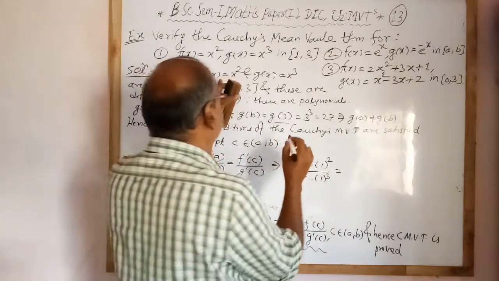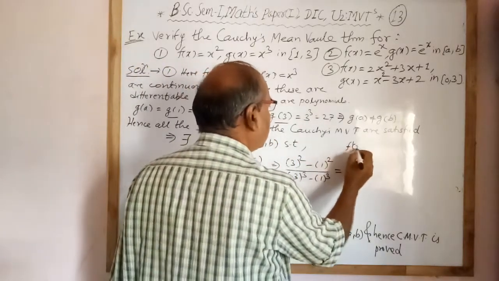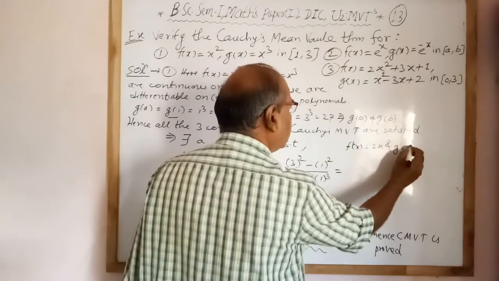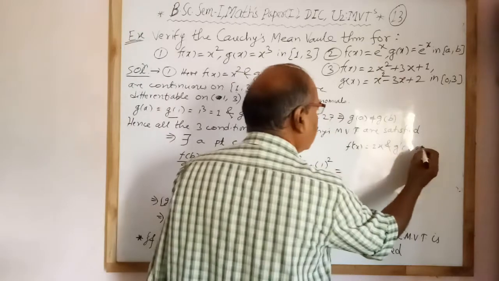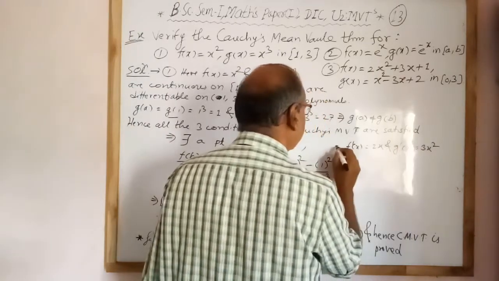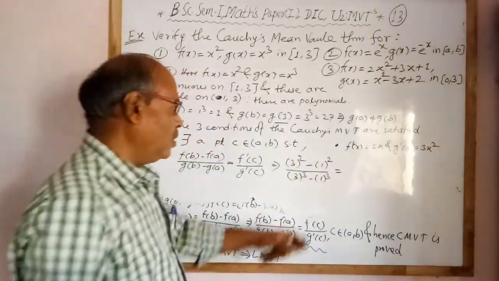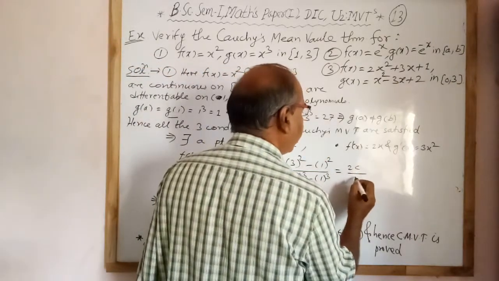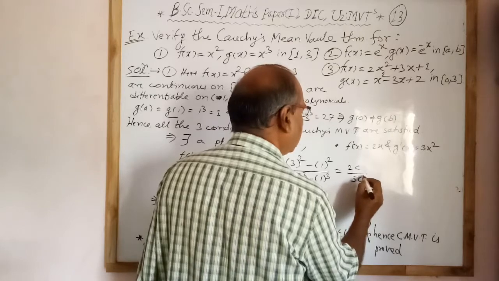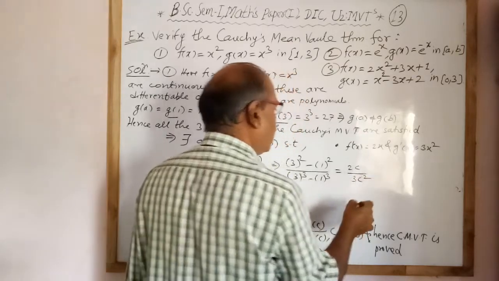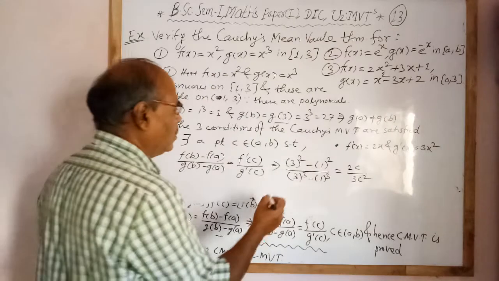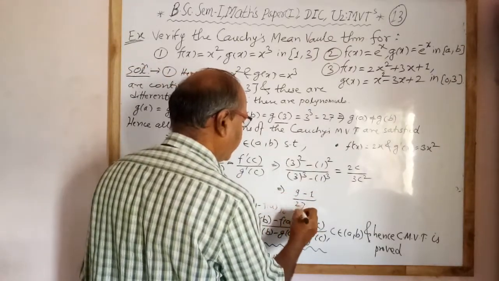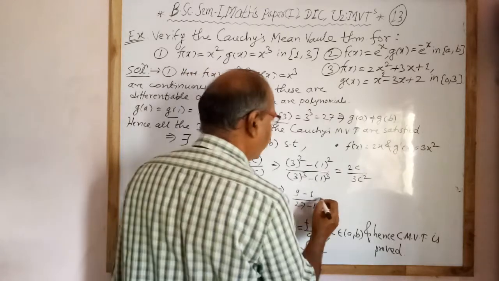First find the derivative. f dash of x equals 2x and g dash of x equals 3x square. Therefore, I put x equals c. Therefore, 2c divided by 3c square. One c gets cancelled, we have 1 by c. Therefore, we get 9 minus 1 divided by 27 minus 1.